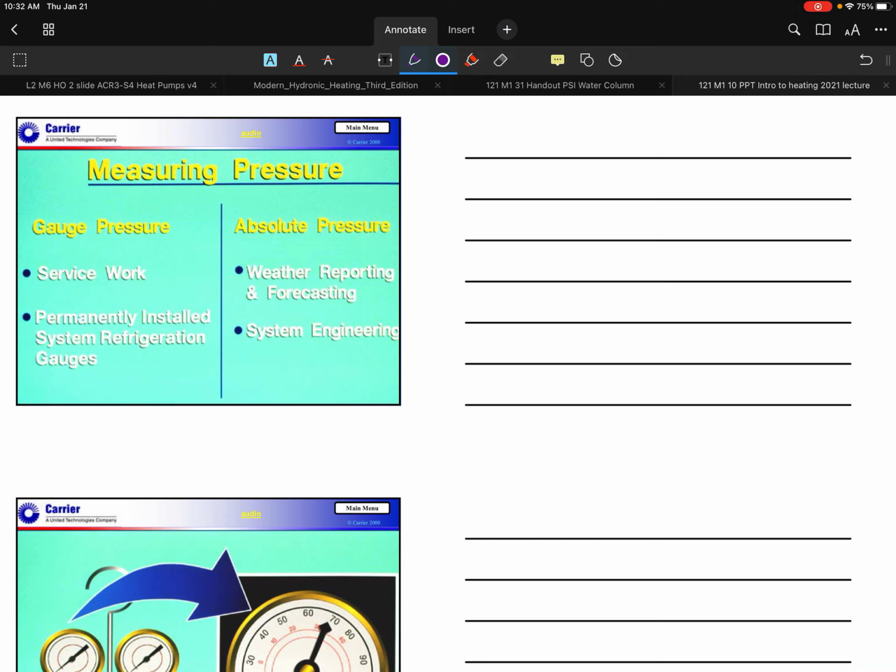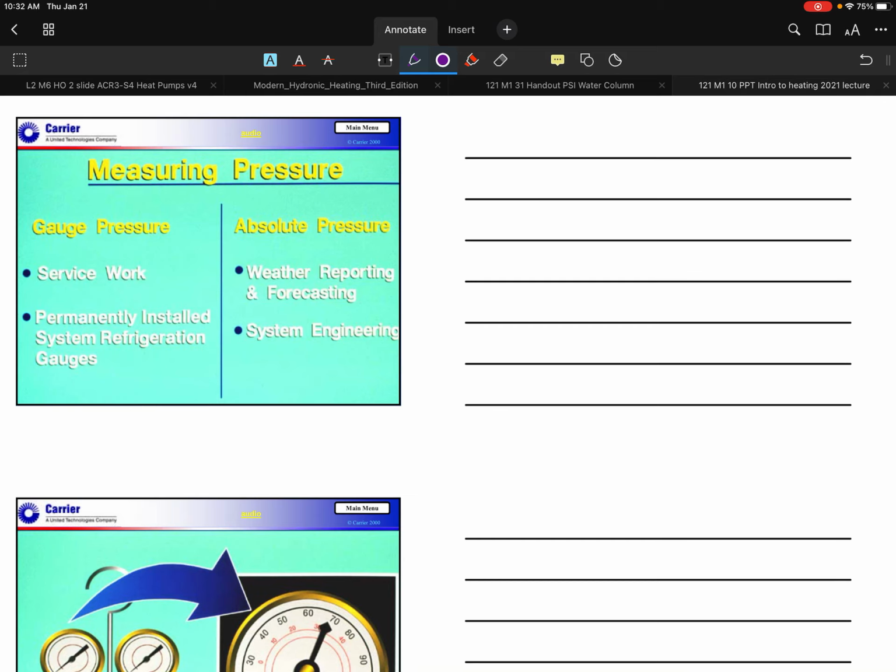All right, and the next part of this is when we're looking at measuring pressures. A couple of little things that I want to hit on.